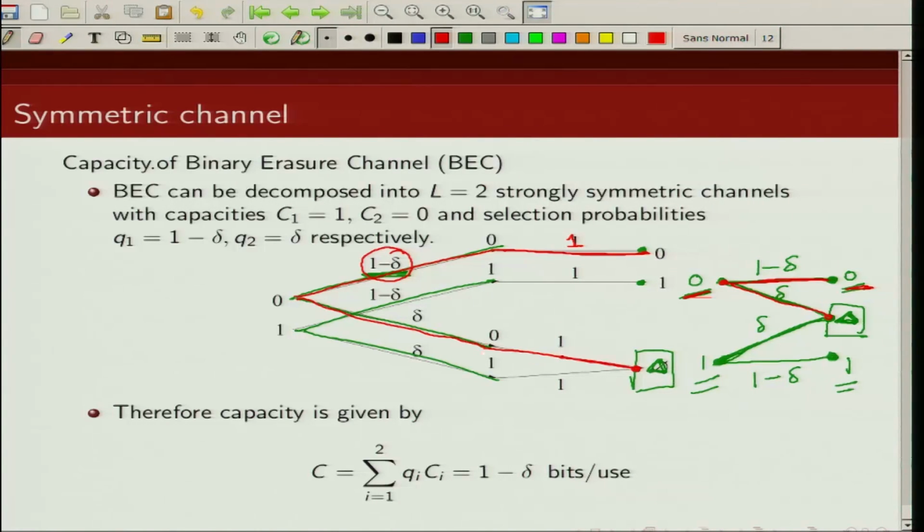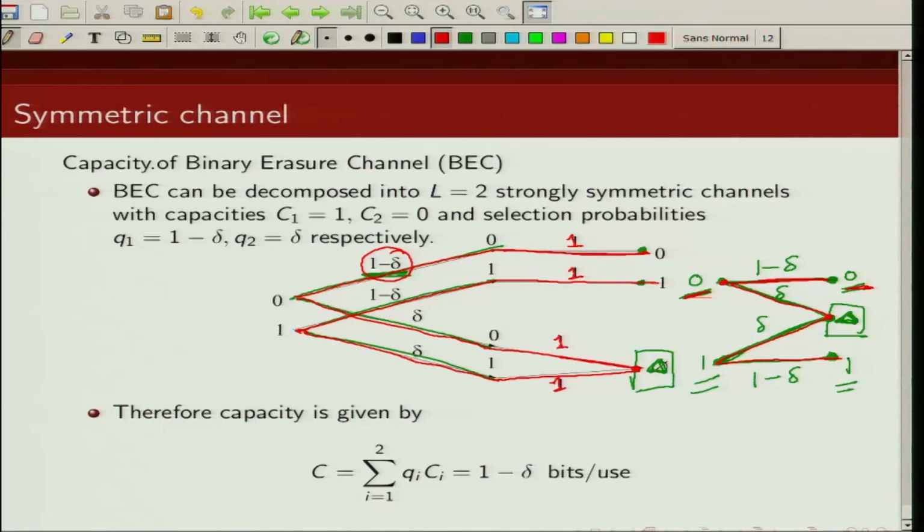So, this has to be 1, so that the overall probability is delta. And likewise, from 1 to the erase state, again this probability is delta. So, this delta into this should be delta, so this probability is 1. And similarly, from 1, this probability is 1 minus delta. Since the selection probability is 1 minus delta, this has to be probability 1.